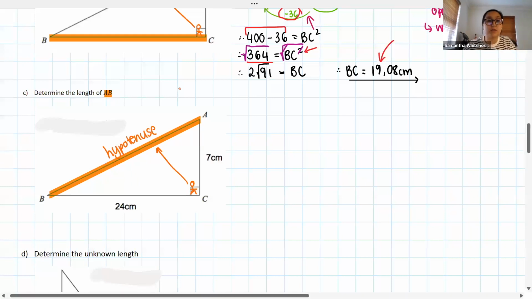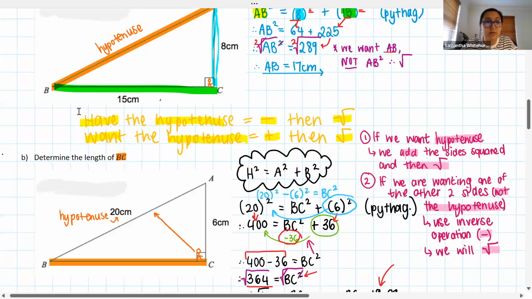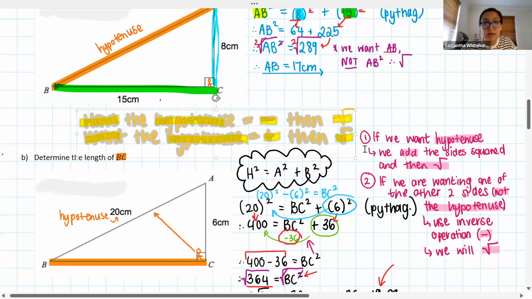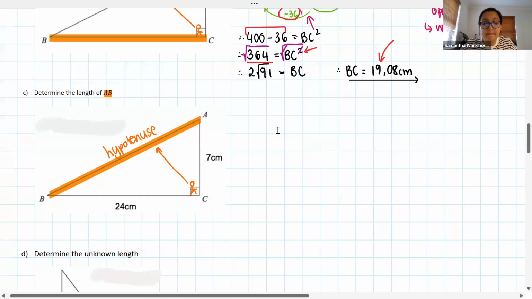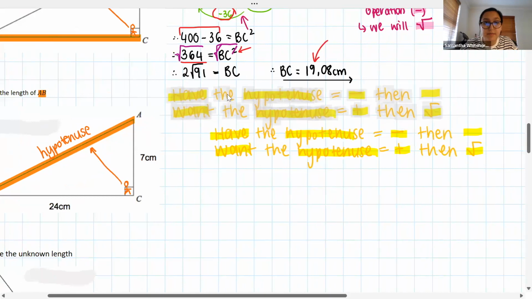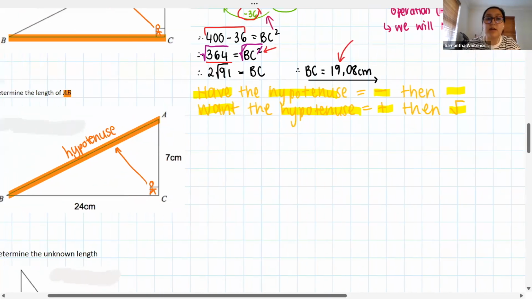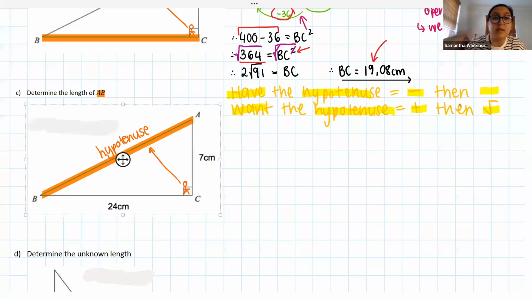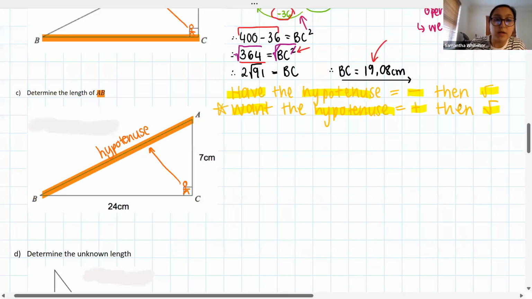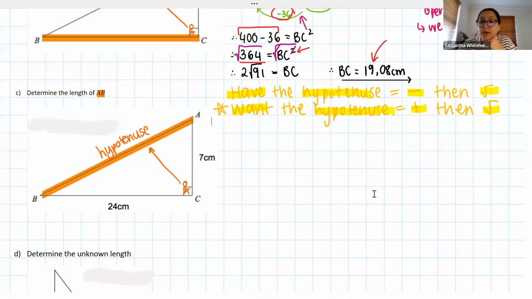So what I'm actually going to do for you, we're going to bring this lovely summary that Amatle gave us down. Okay, so remember what we've got in yellow here. In this case, we want the hypotenuse because the hypotenuse is the thing that we are looking for. So that is your clue on how to do this. So let's give it a try. So you're trying this one by yourselves. Let's see what we get for AB.